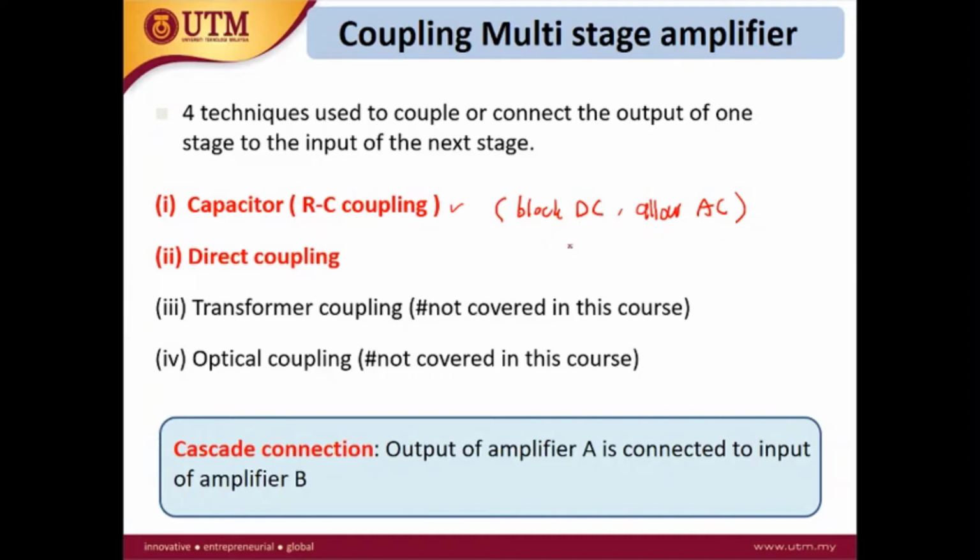This means that the DC voltage and DC current at the first stage will influence the DC parameters of the second stage. For the capacitor coupling, the DC voltage and DC current will not affect the second stage because it is isolated by the capacitor.